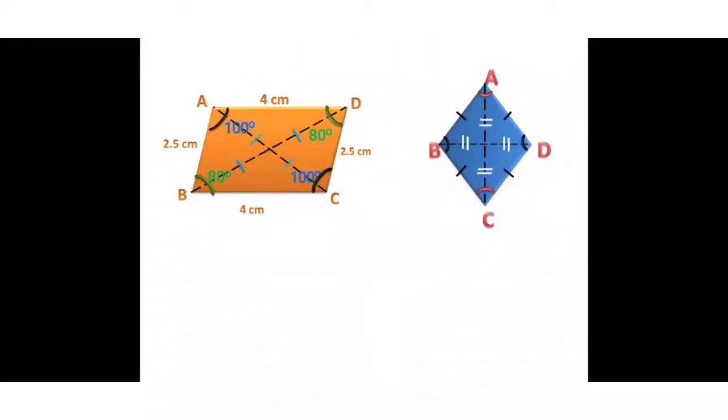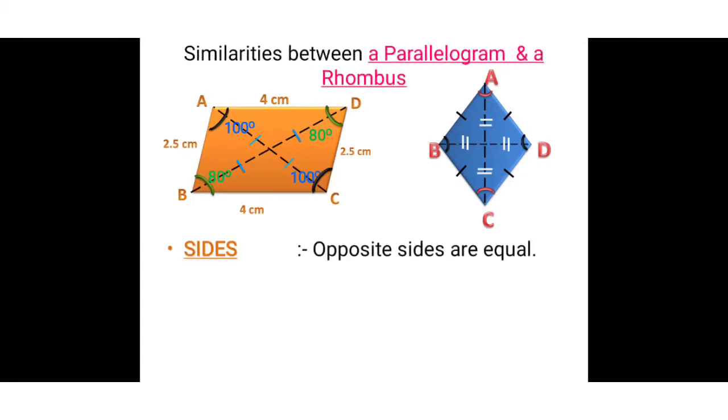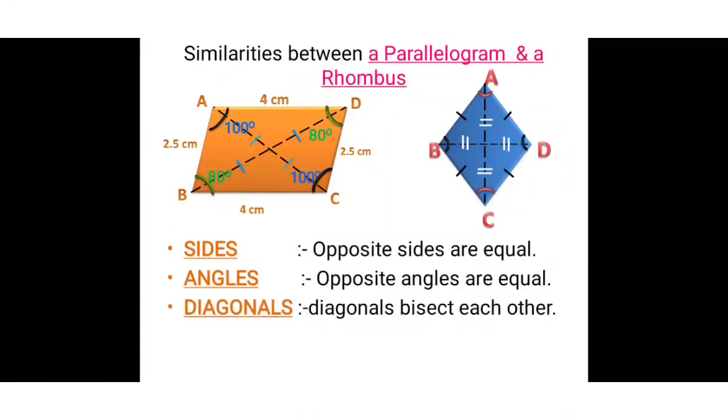So what is the similarity between a parallelogram and a rhombus? If you see, rhombus has all the properties of parallelogram, that is opposite sides are equal, opposite angles are equal, and diagonals bisect each other. But what makes it different from parallelogram?